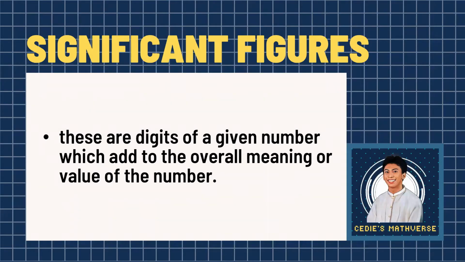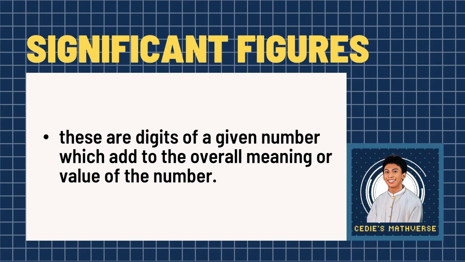To begin with, significant figures are digits of a given number which add to the overall meaning or value of the number. So basically, significant figures are the ones which give significance to the given value, hence the name significant figures.